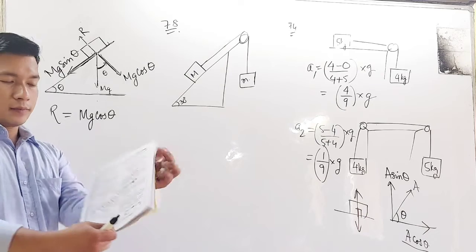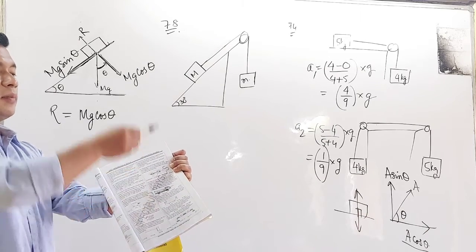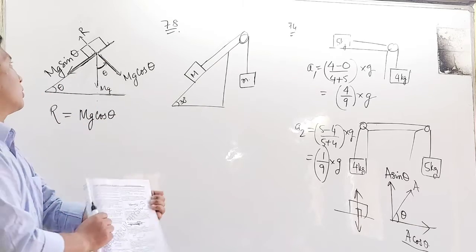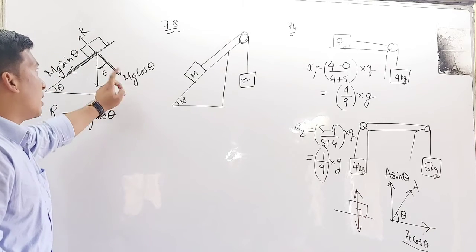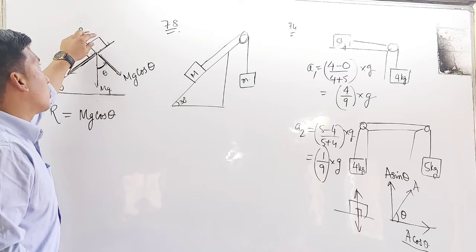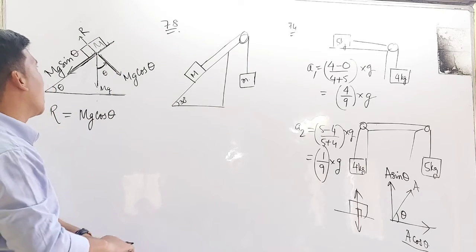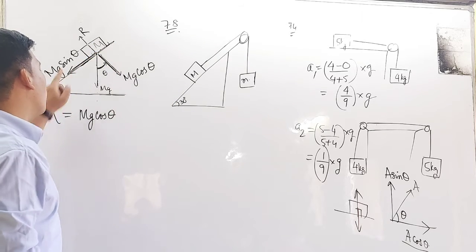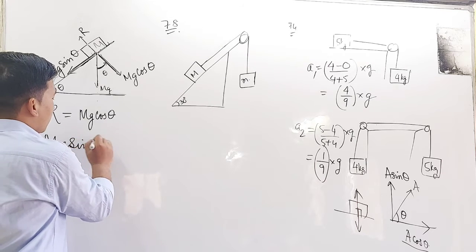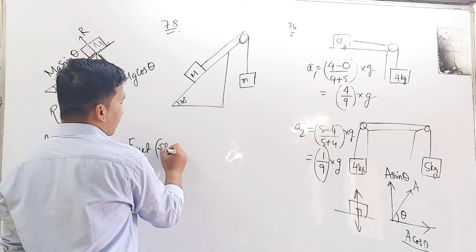When it slides down, it neither jumps upward nor moves inside, so we consider that the normal reaction is neutralized by mg cos theta. No vertical force acts on the object of mass m. It is acted upon only by mg sin theta as the net force, and this is the force responsible for sliding down.